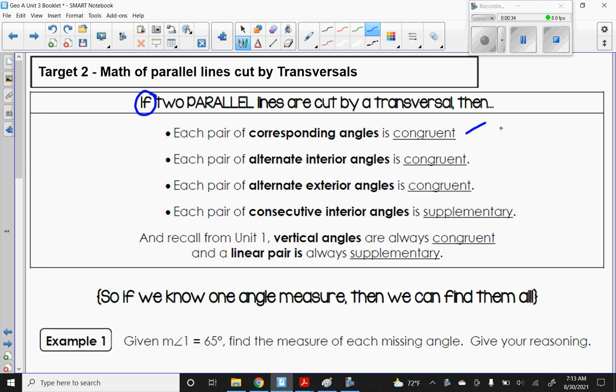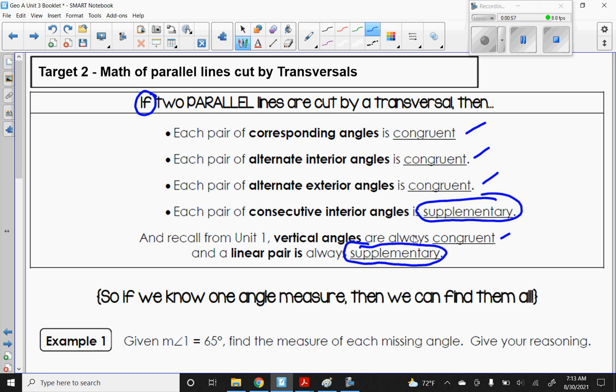Corresponding angles are congruent, alternate interior angles are congruent, alternate exterior angles are congruent. One supplementary pair: consecutive interior angles. And remember, all vertical angles are congruent and all linear pairs are supplementary. So look at that.